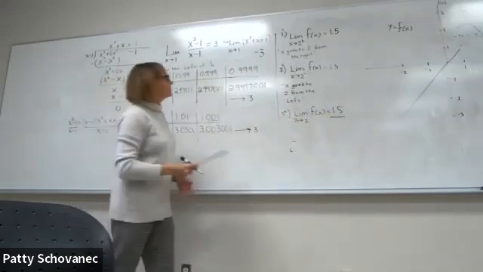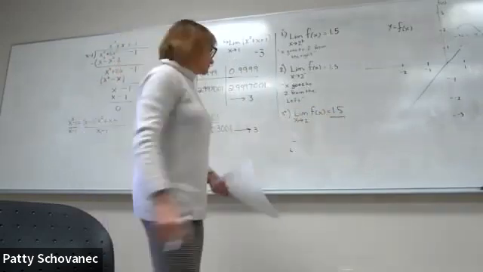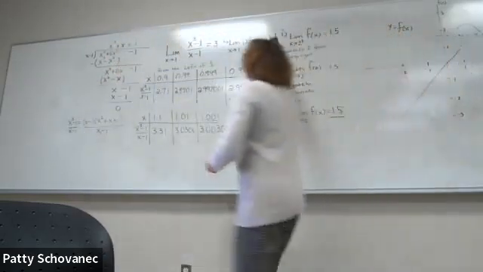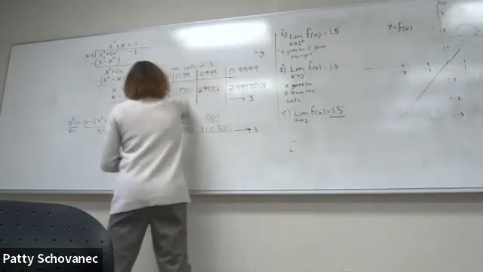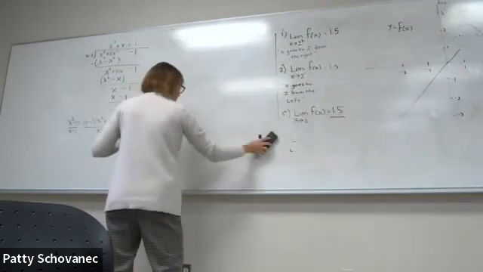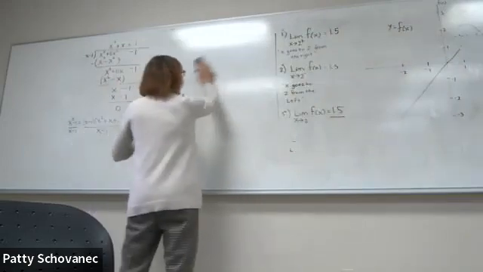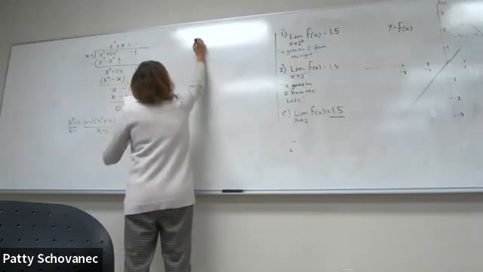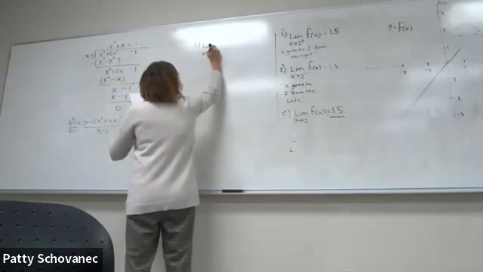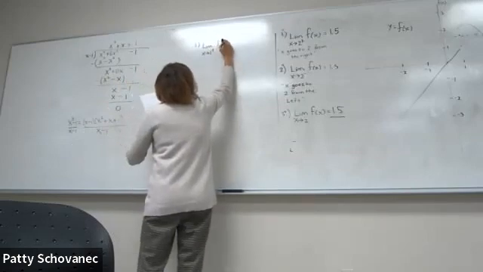Now let's do the ones on the paper. This number 1 says the limit as x goes to 1 from the right.